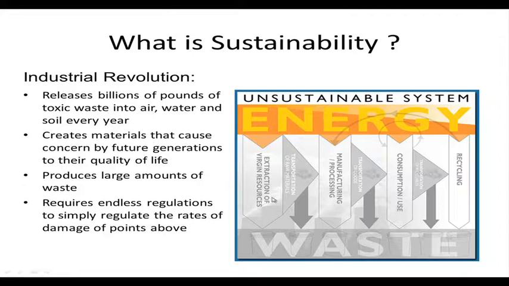So there is extraction of virgin resources, again with energy being imparted to that. Then transportation of raw material, manufacturing process, transportation of goods, consumption, use, transportation of recyclables, recycling, and part of it can go to waste as well.